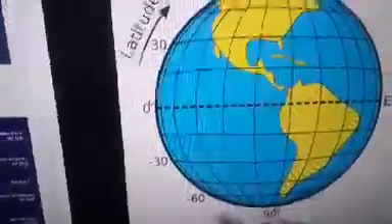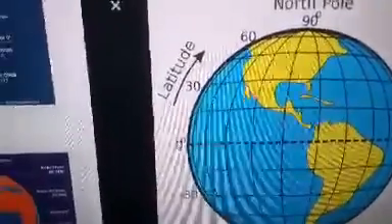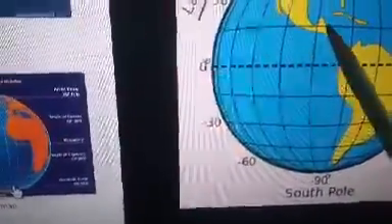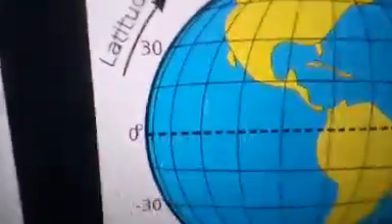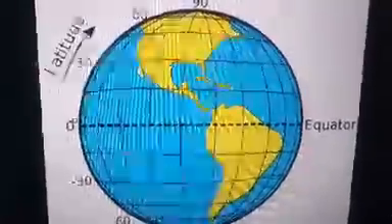So all these horizontal lines are called latitudes. These are full circles. That means from this point it starts, moves around the globe, comes back and ends there only. So, these lines are called latitudes.